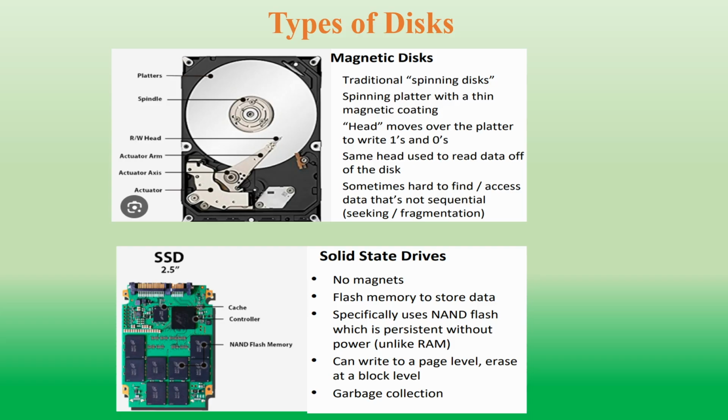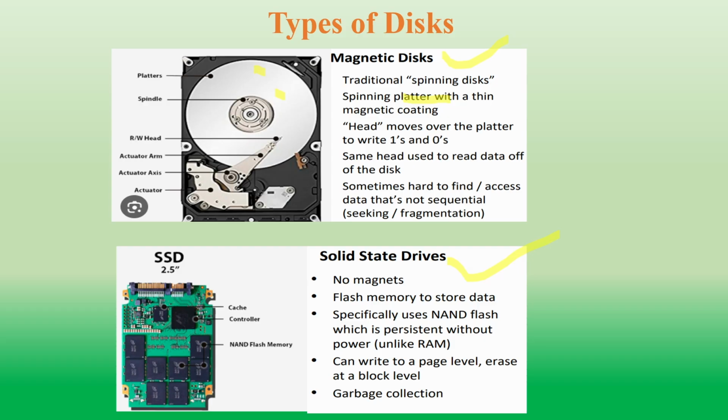One is the magnetic disk and the other is the solid state device. In the magnetic disk, a spindle and platter are used. The platter is magnetically coated and rotates, and this is the read-write head, which is used to read and write the data.